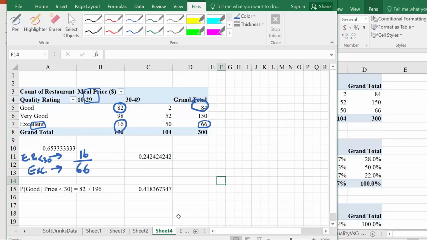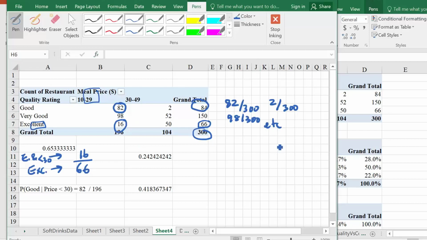So 82 divided by 300, 2 divided by 300, 98 divided by 300, and so forth. That gives the percent of restaurants that satisfy both conditions given by the row label and the column label.